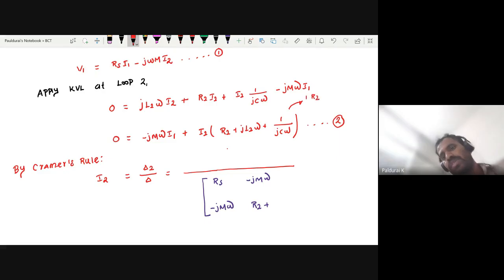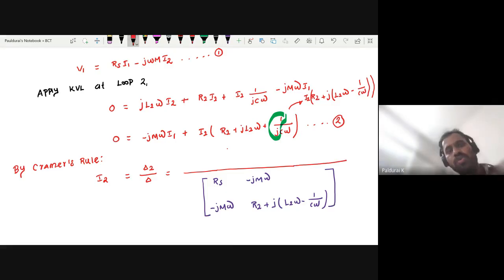This is I2 times R2 plus j L2 omega; here it is actually 1 by j, so it is minus j. I took j as common, so obviously it becomes minus 1 by C omega. So this can be written as R2 plus j times L2 omega minus 1 by C omega. This is my del.